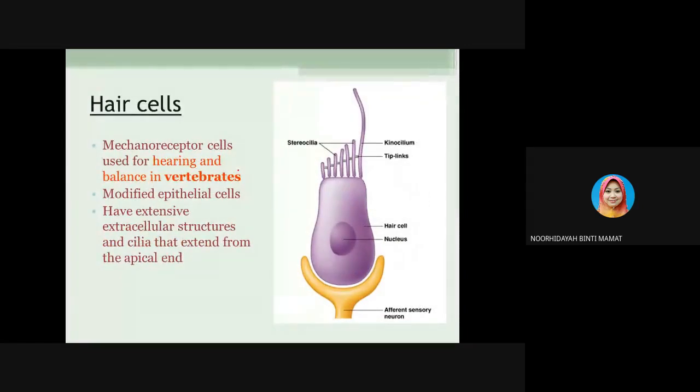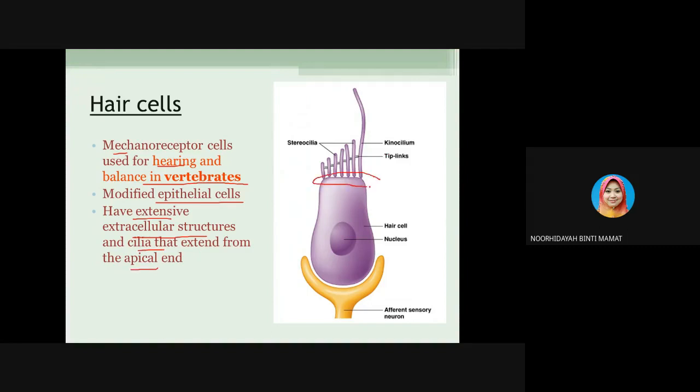We also have the hair cells. Just now was for equilibrium, and this is for hearing. Hair cells are mechanoreceptor cells used for hearing and balance in vertebrates. They are modified epithelial cells with extracellular structures and cilia that extend from the apical end.